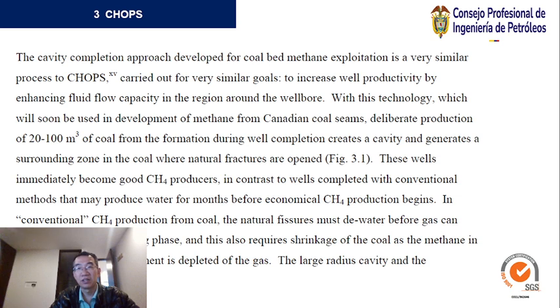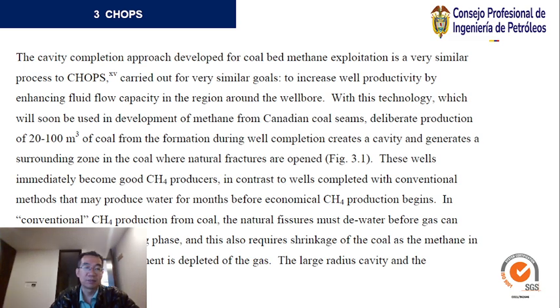With this technology, which will soon be used in development of methane from Canadian coal seams, deliberate production of 20 to 100 tonnes of coal from the formation during well completion creates a cavity and generates a surrounding zone in the coal where natural fractures are open.